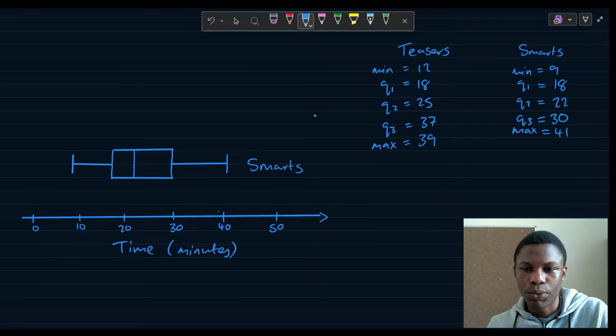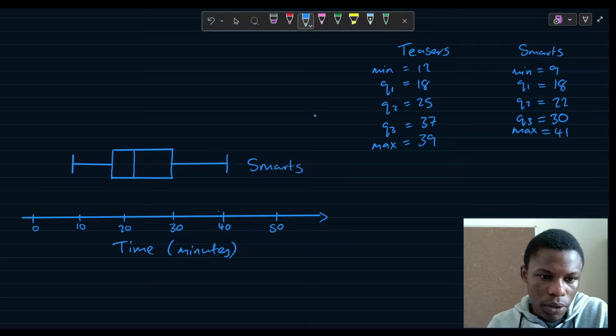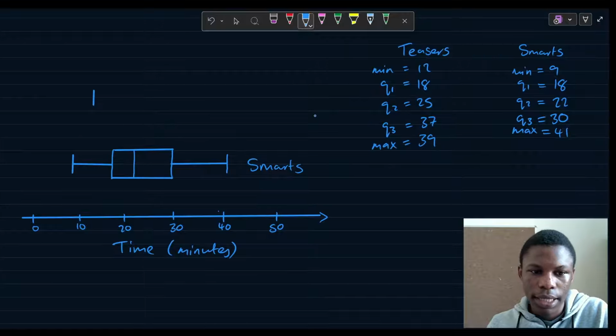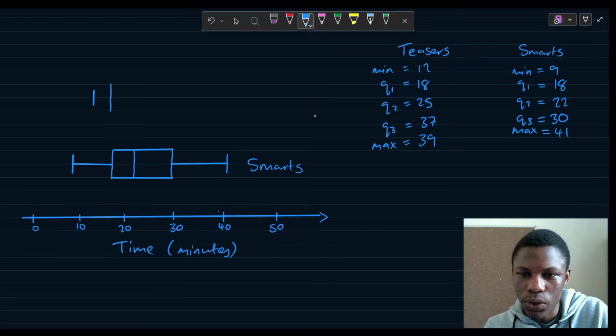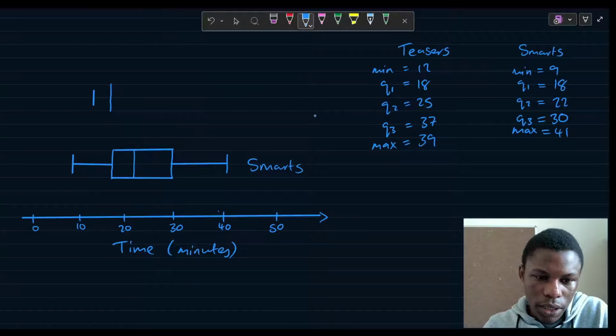Then on top, we want to do the teasers. Their minimum point is at 12, so 12 would be somewhere here. Then we're going to go to 18 for the Q1. Oh, they share the same Q1, so I need to put 18 here. Then we need to go to 25, which would have to be somewhere here.